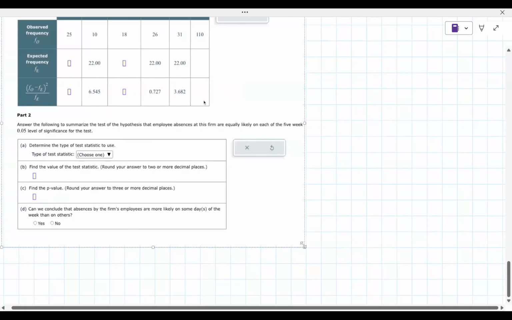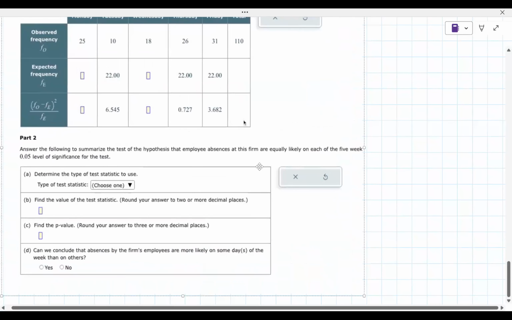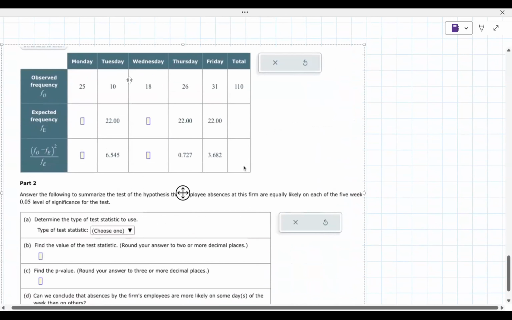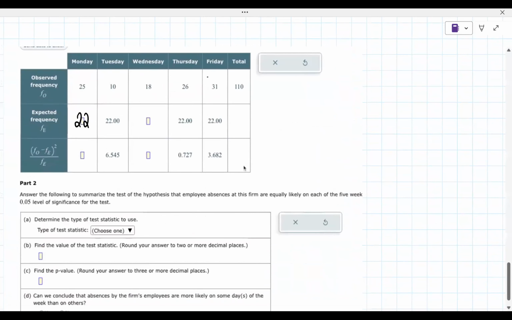All right. So for this problem, the way you calculate the expected frequency is you first take the total and divide it by the number of entries, which is 5. So they're actually all 22 here. I'm going to call this A for the moment.